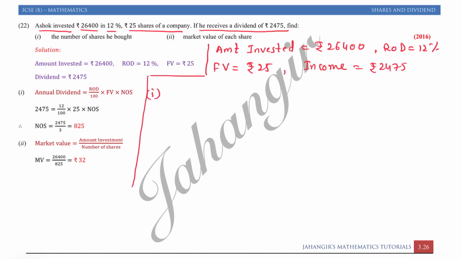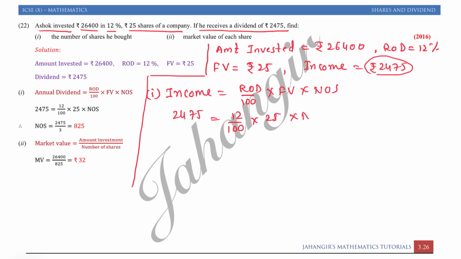The number of shares we can find using income. So we will write the income formula. Income is equal to ROD upon 100 into face value into number of shares. So income is 2475 into ROD is 12 upon 100 into face value is 25 into number of shares.